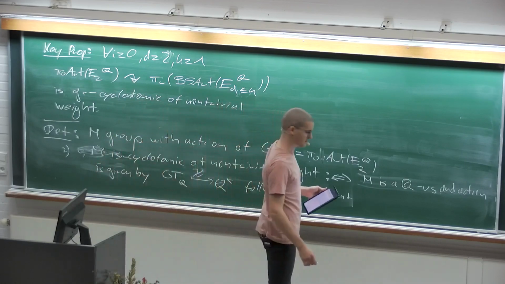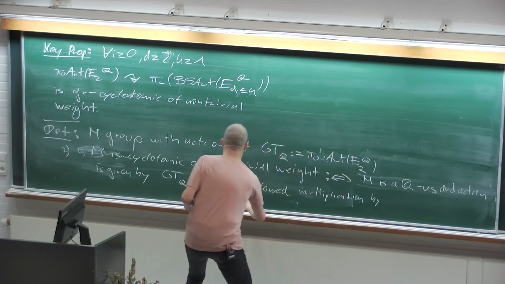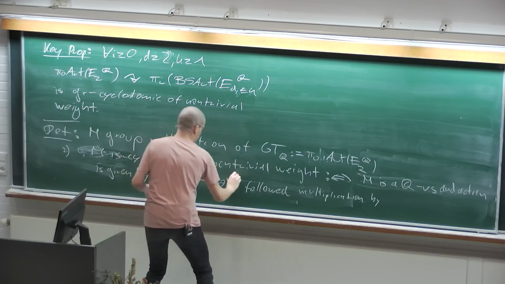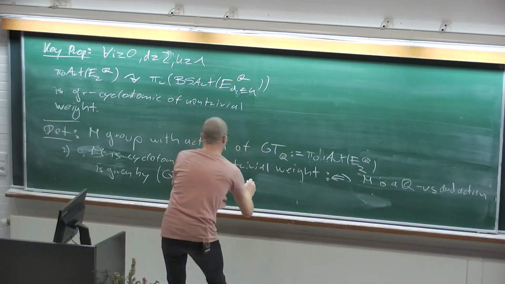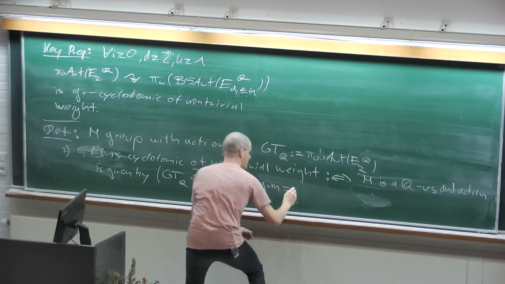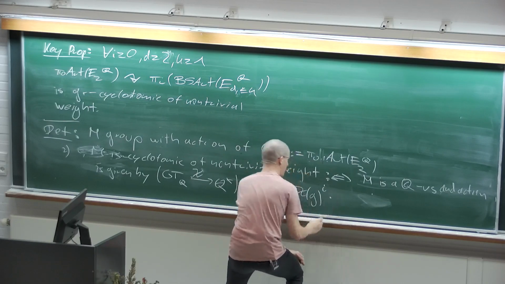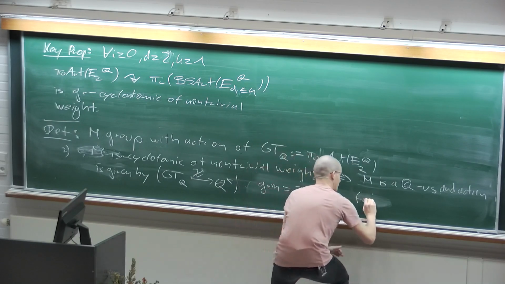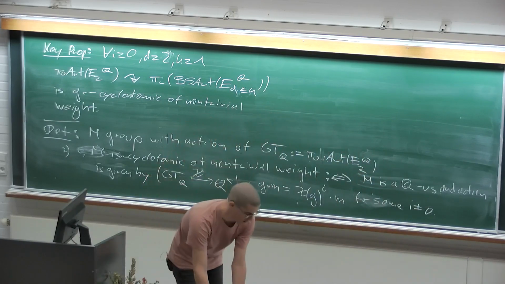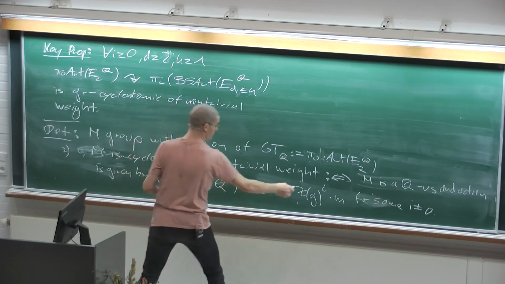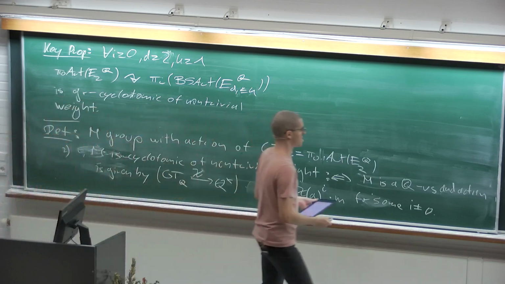You can call it rho if you like. Let me write it differently, sorry. So I want to act on M by applying the cyclotomic character and then taking it to the power of i times M for some i that is non-zero. Okay, so I could say it's of weight i if it's that i, and I say it's of non-trivial weight if I'm allowed to pick whichever i I like.